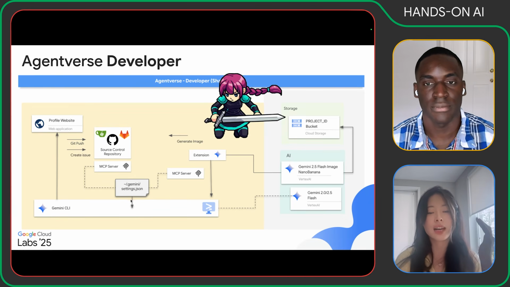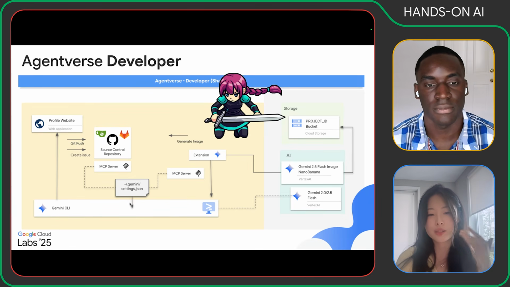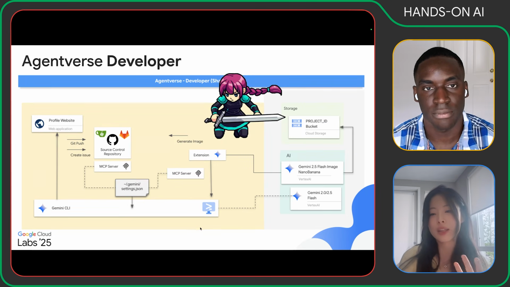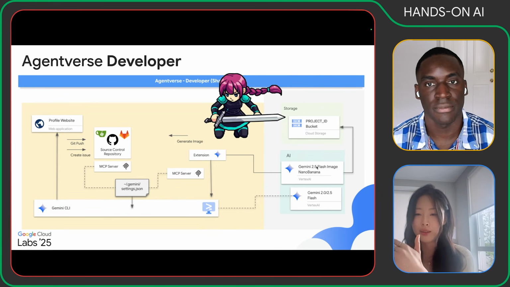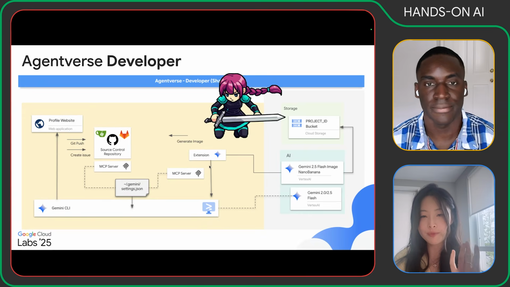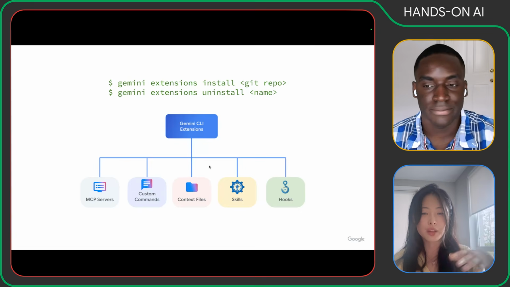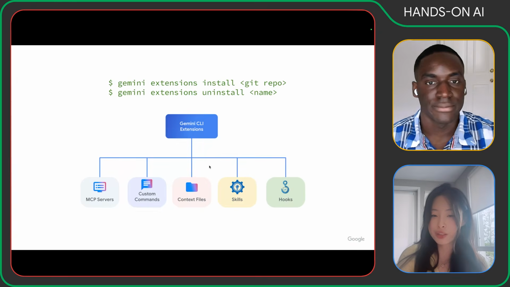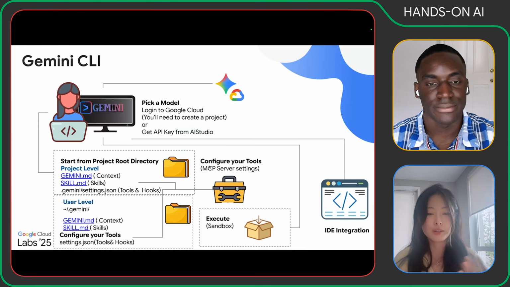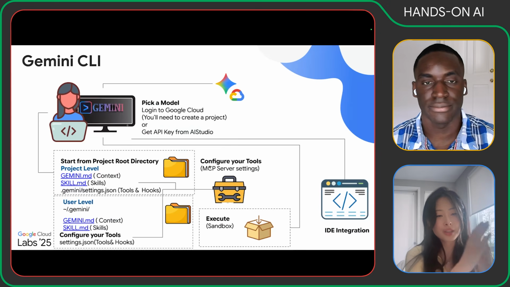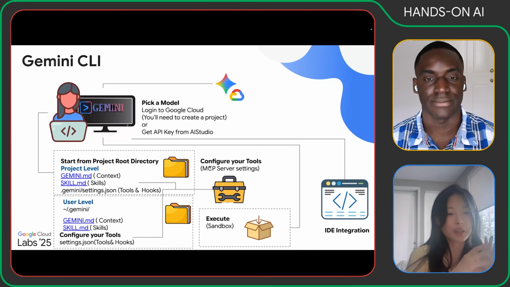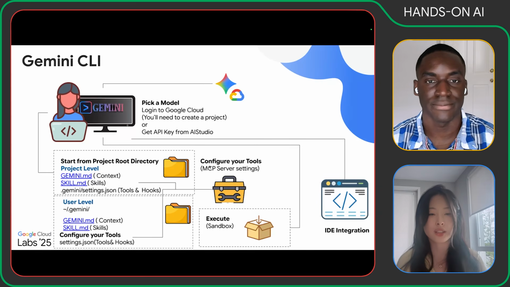So here we learned how to do it with GitHub through the MCP server. We also learned how to use Nano Banana to create an image. We also understood what a Gemini CLI extension is. And we also played a bit with project level and user level context.